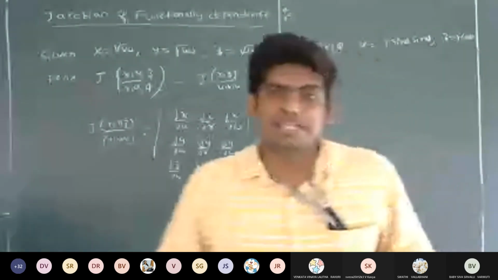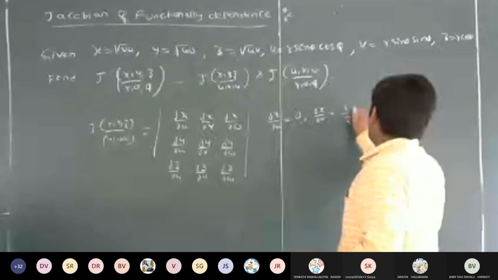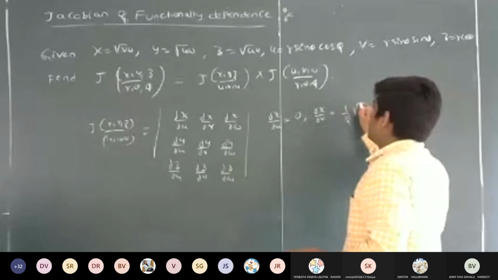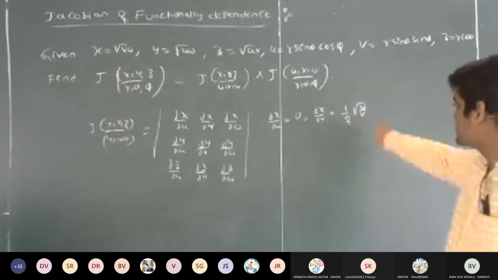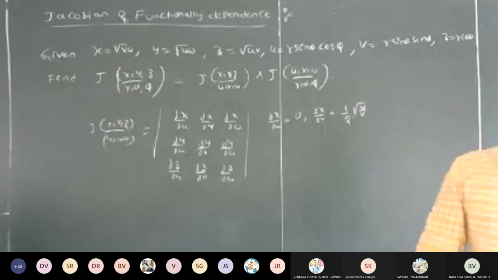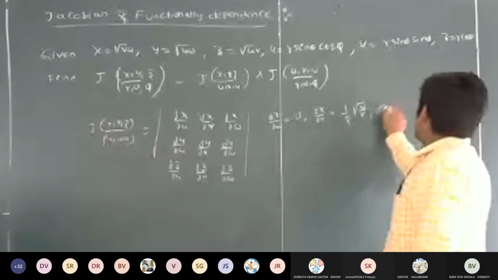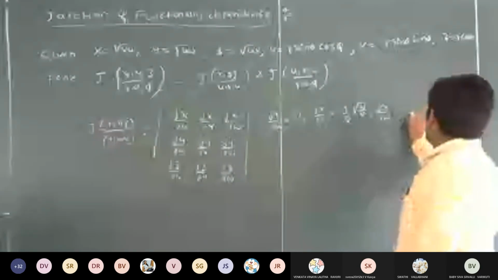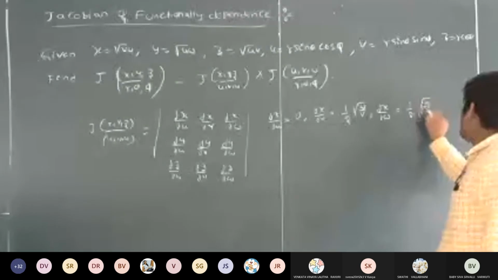What is the derivative of root x? It is 1 by 2 root x. So it is 1 by 2 root w by v. Is it clear now? Yes, sir. Right, very good. Next is dou x by dou w. The value is the same, 1 by 2 into root v by w.